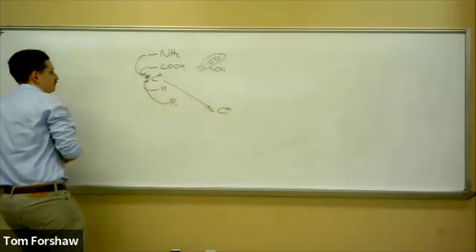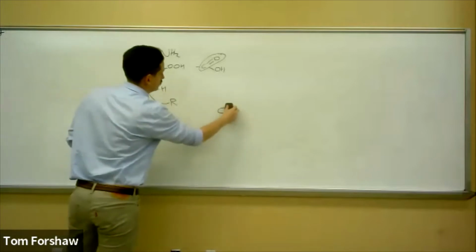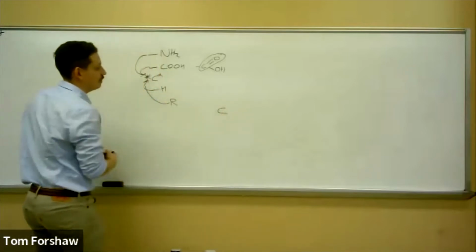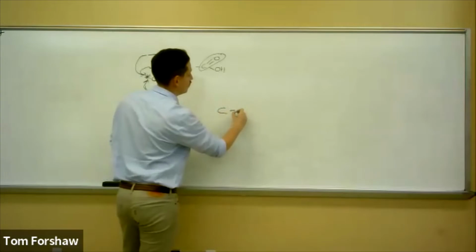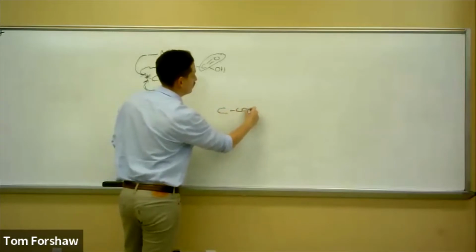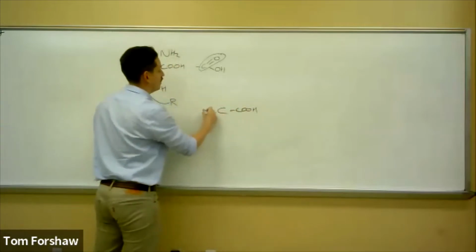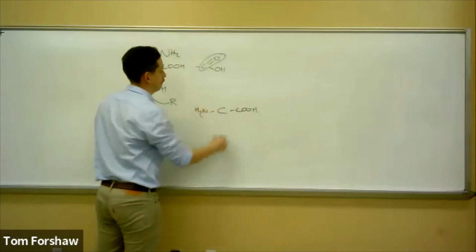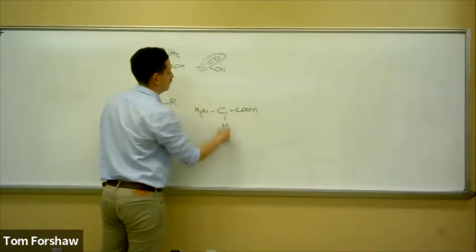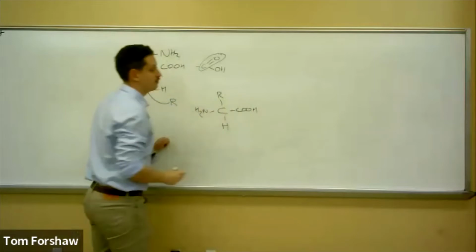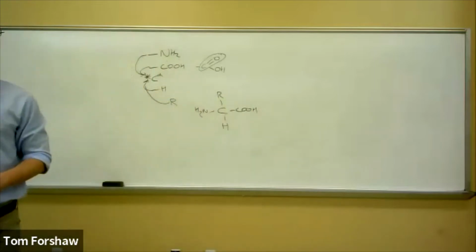Okay. Now we can build on the rest of the groups. So let's build on that carboxylic acid group. Let's build on that amine group. Let's build on that hydrogen. Now let's build on that R group. And they all come together like this.